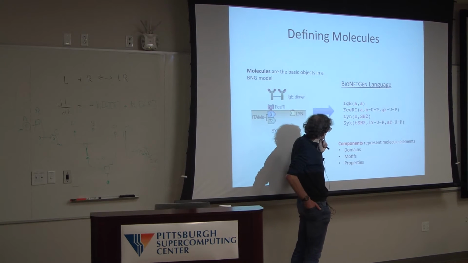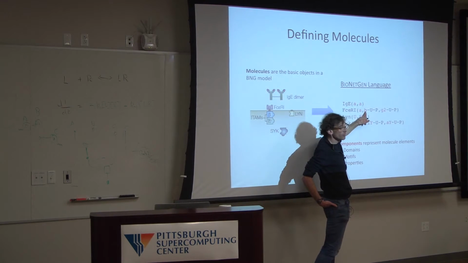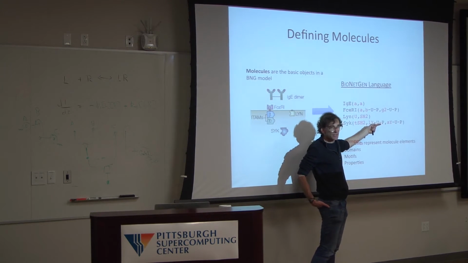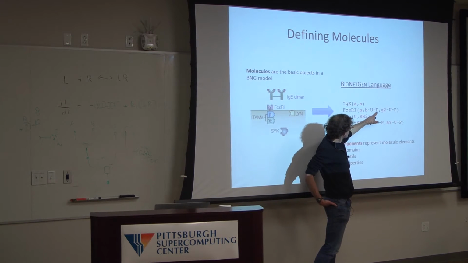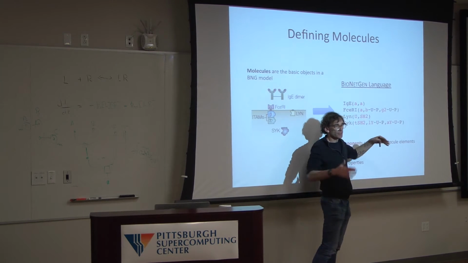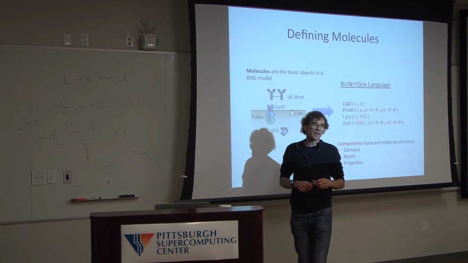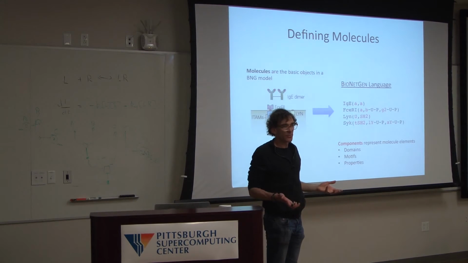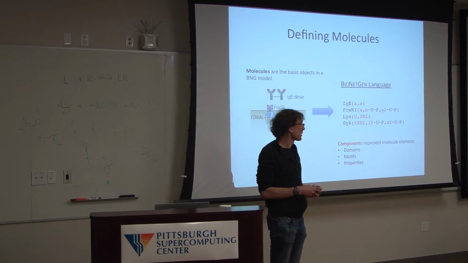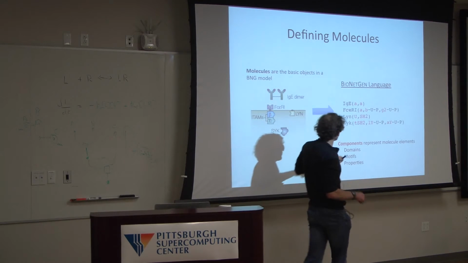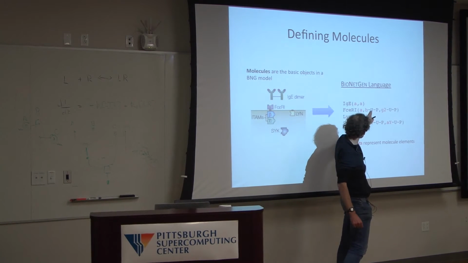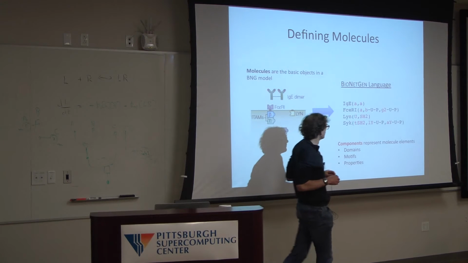One thing to note about the components is that they can be both binding sites and modification sites. And these states here are used to represent phosphorylation, but you could use different states to represent conformational states of a molecule or a domain of a molecule, for example. And you're not limited to two. You can have any number of different states.